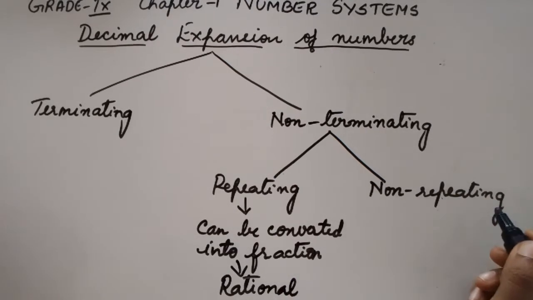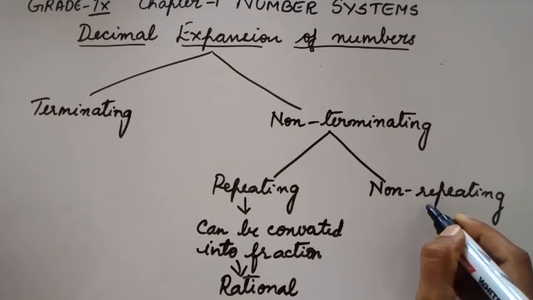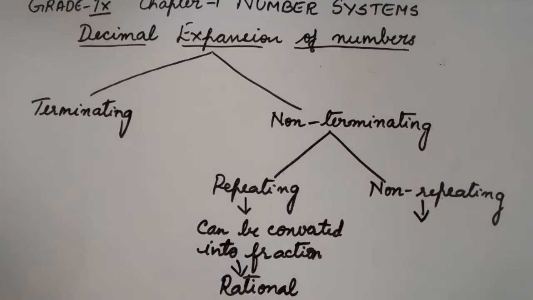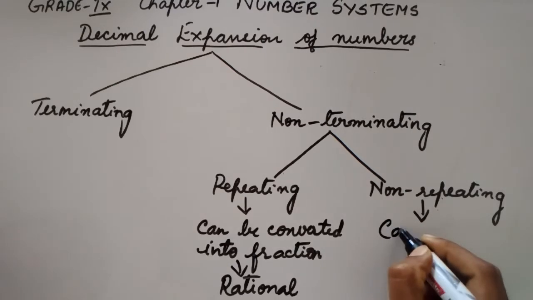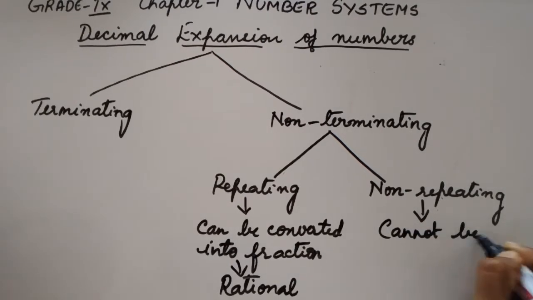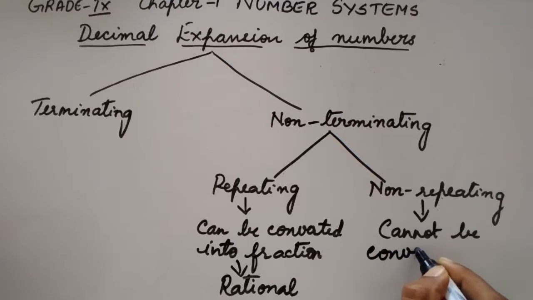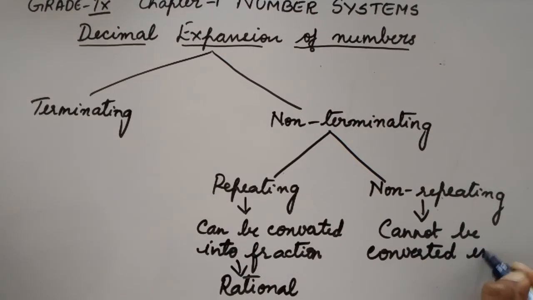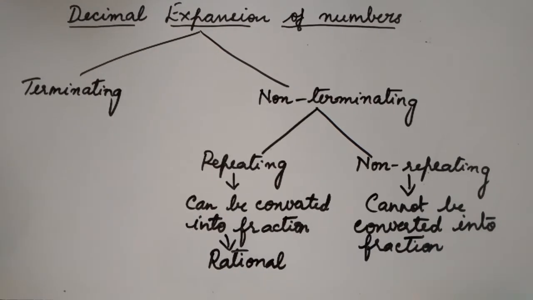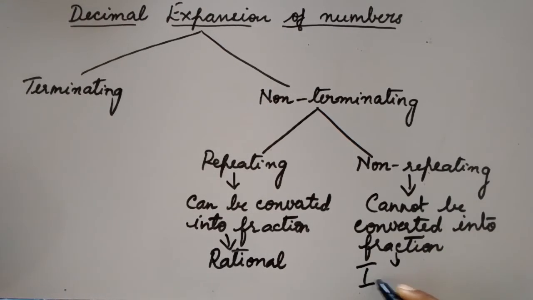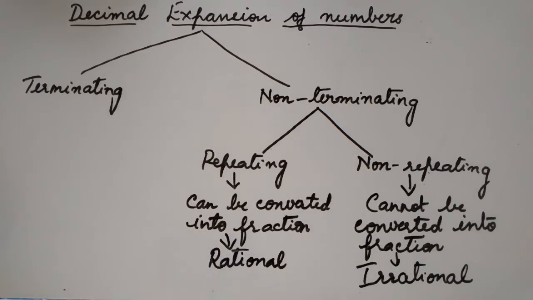And then under non-repeating, these numbers cannot be converted into fractions, so they are irrational. Did you get this, students?